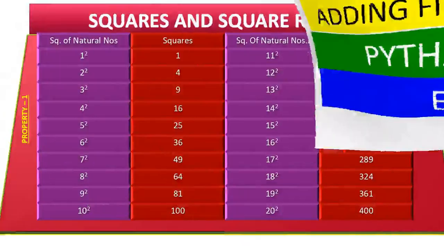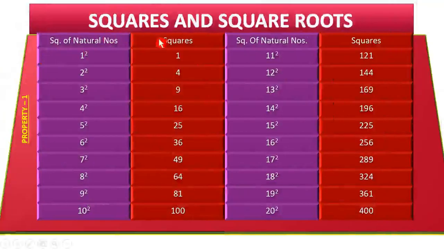Here you observe this table, square of natural numbers and its squares. 1 square 1, 2 square 4, 3 square 9, 4 square 16, 5 square 25, 6 square 36, 7 square 49, 8 square 64, 9 square 81, 10 square 100, then 11 square 121, 12 square 144, 13 square 169, 14 square 196, 15 square 225, 16 square 256, 17 square 289, 18 square 324, 19 square 361 and 20 square 400 and so on.